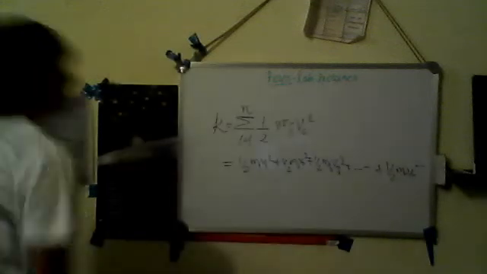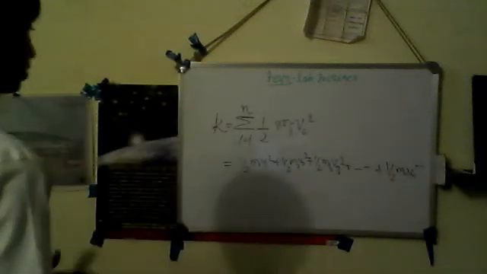That is nothing but half m1 v1 squared plus half m2 v2 squared plus half m3 v3 squared plus up to half mn vn squared.